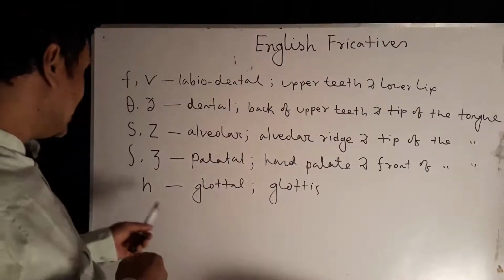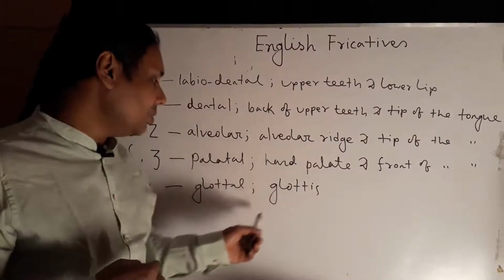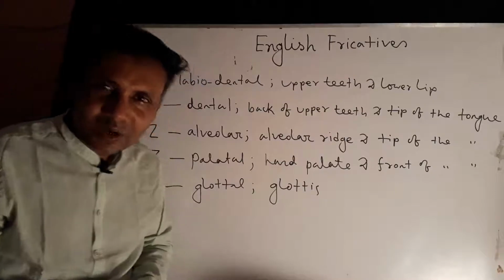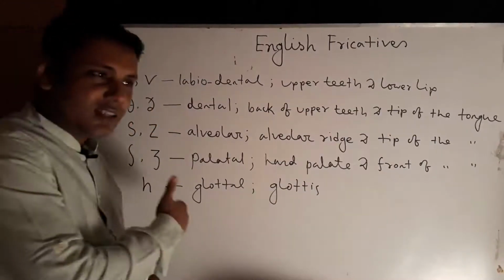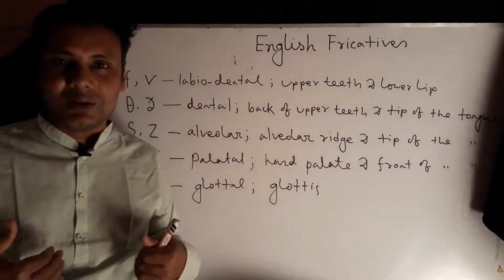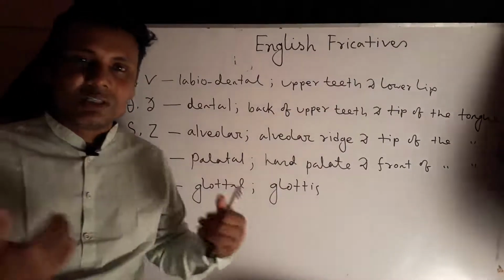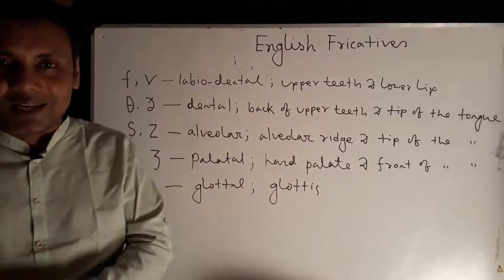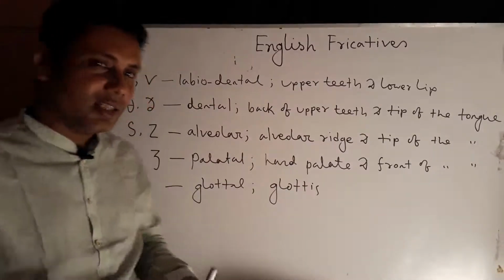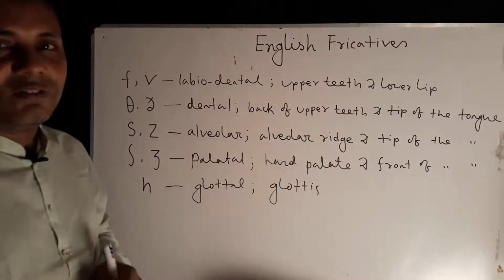That's why ha is called a glottal fricative, and we don't find difficulty in pronouncing this ha sound. Why? Because in our Bangla language, and even in our Chatgaya language or Noakhali language, this sound is found.